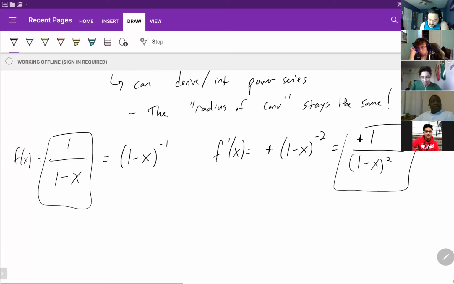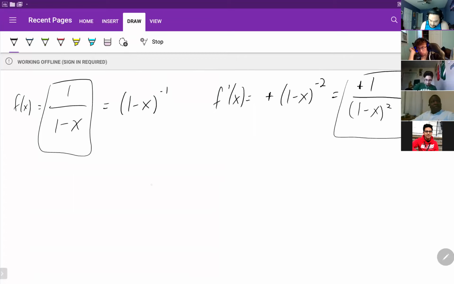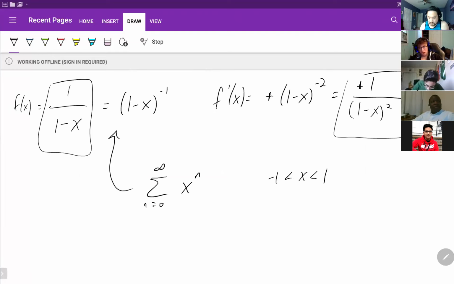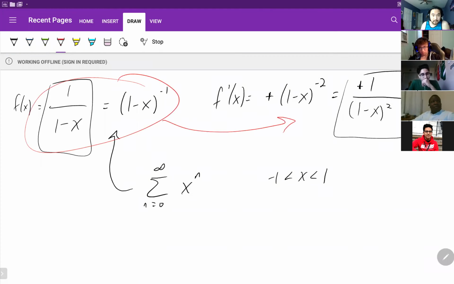Pretty cool, right? So watch, what I'm saying is this series represents this guy right here, from negative 1 to 1. I can derive the general term of the series like I normally would with a power rule, right? This is a good teaching moment. You guys tripped up from here to here, forgetting how to derive with the negative power rule. This series is much easier to derive.